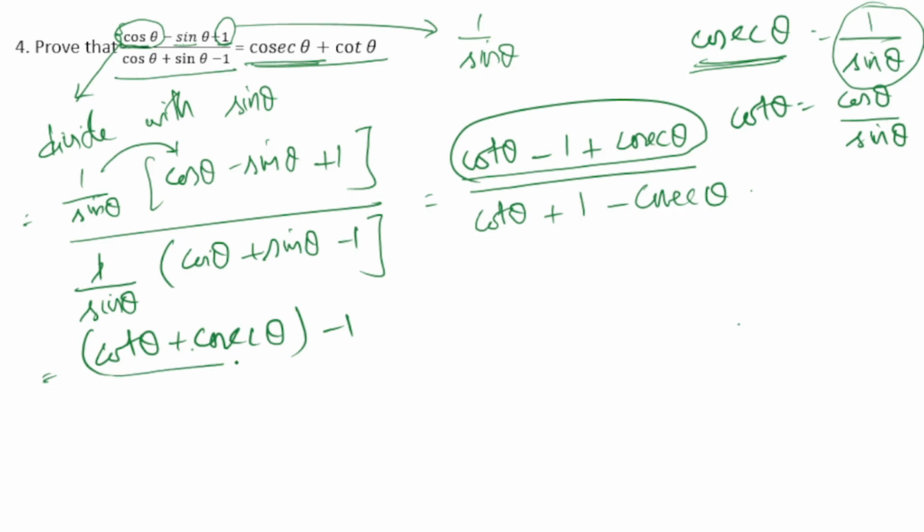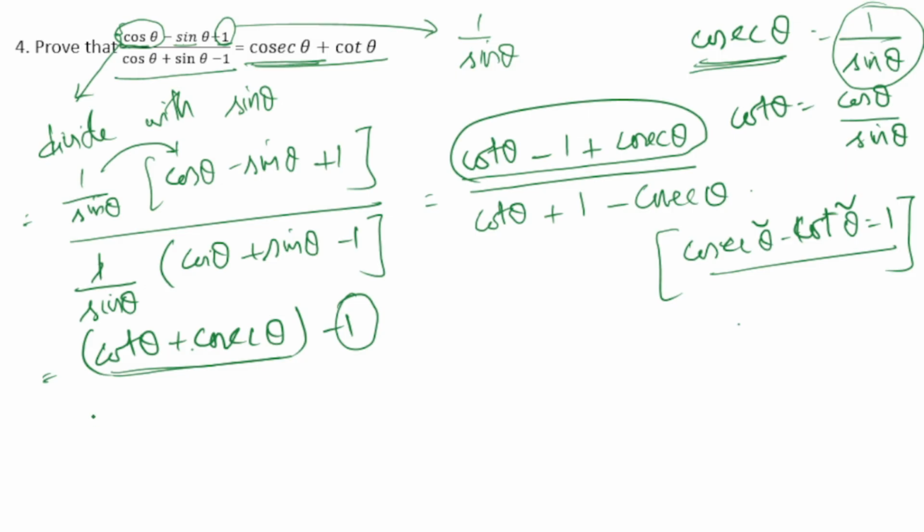See here we have cot theta and cosecant theta. So can we convert 1 in terms of cot theta and cosecant theta? What do we know about cot theta and cosecant theta? Cosecant square theta minus cot square theta is equal to 1. So we will apply this identity here.